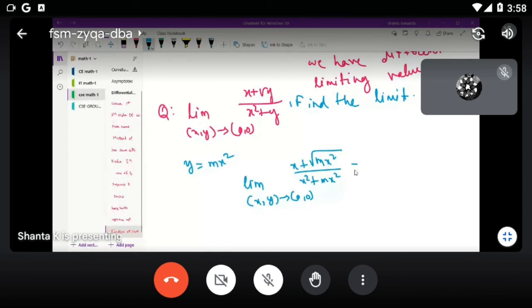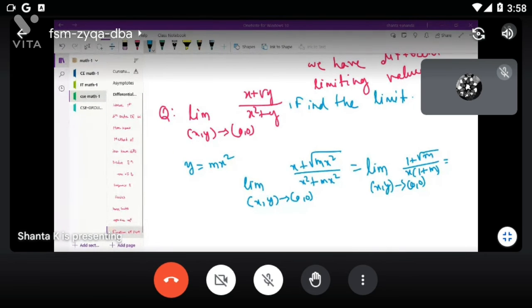So here what will be the limit? What you can say? (1 plus root m) divided by x into (1 plus m). So what do you say? Limit exists or not?